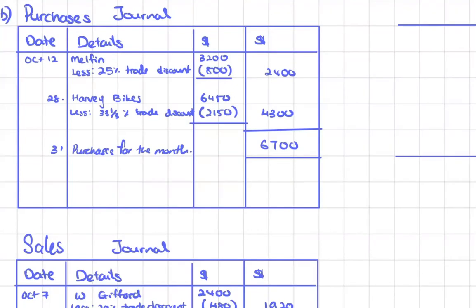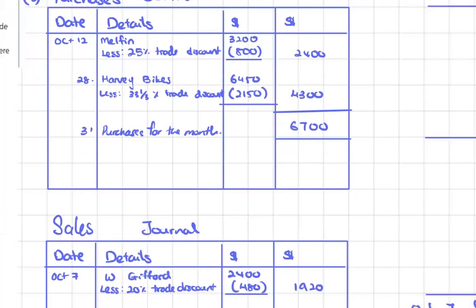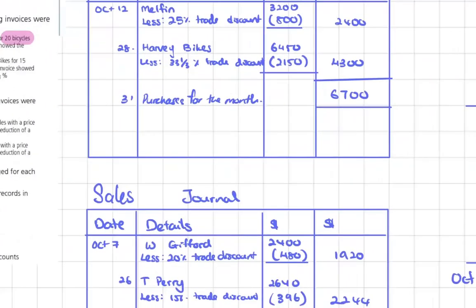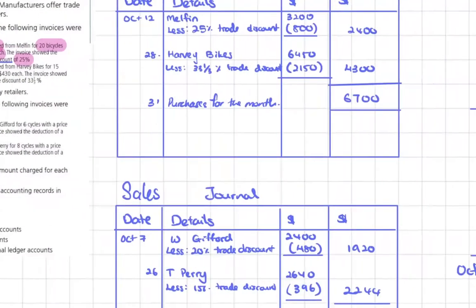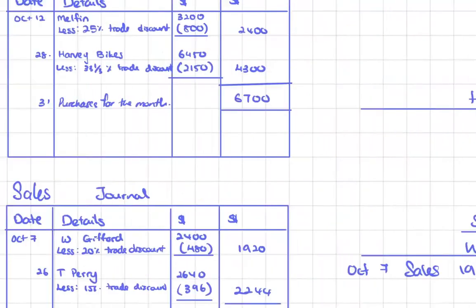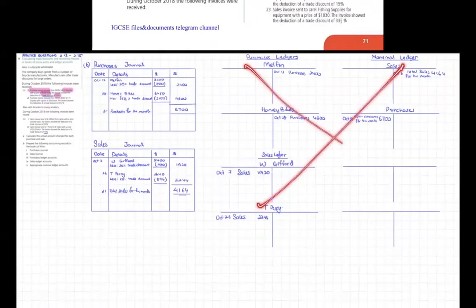Only those discounts when payment has been made are recorded in our ledgers, which are called discount allowed or discount received. Those discounts are called cash discounts. It's only for prompt payment, be it you pay with cash or you pay with bank. Okay, we have not gone to that yet, so just make sure that you include your trade discounts here and never ever in your ledgers.